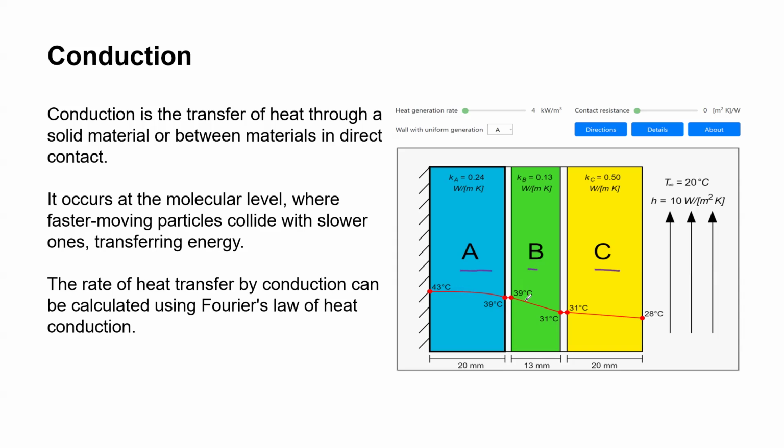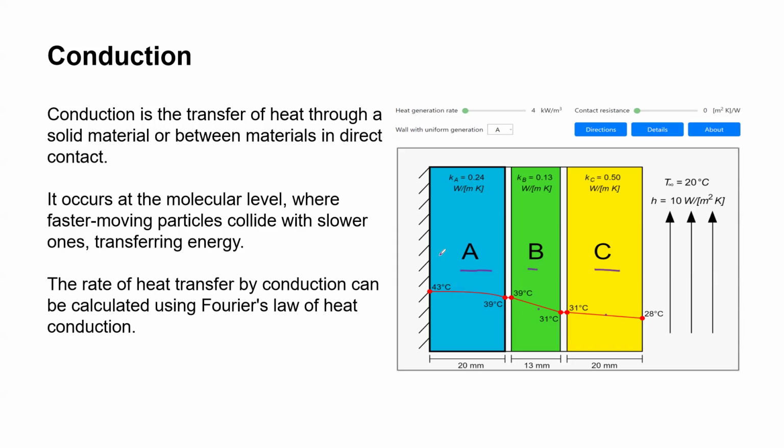So as the heat moves from point A to point B to point C, the temperature decreases. Ladies and gentlemen, what I wanted to say here is that there are three different objects, and the heat is moving from point A to point B to point C.